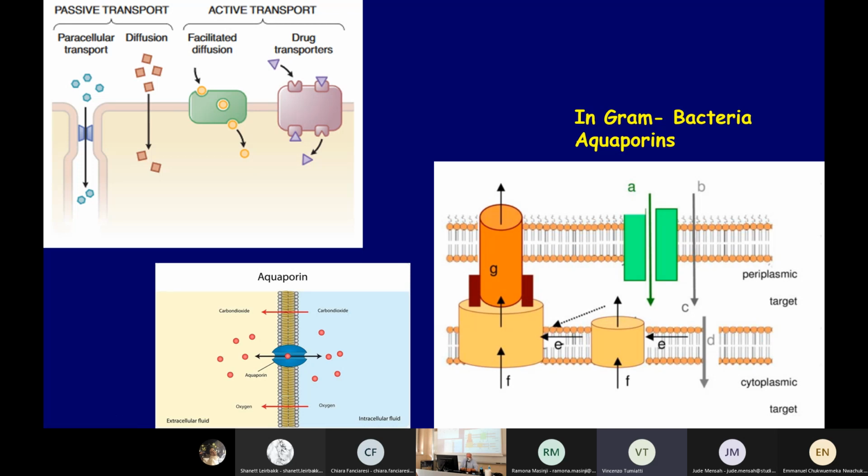An important point is related to the active transport system. Yes, we can use this transport system if we want to introduce a drug, for example, inside the cell. Okay. But the cell can use this type of transport system to take your drug from the inner part of the cell and to eliminate it, to transport it outside again.